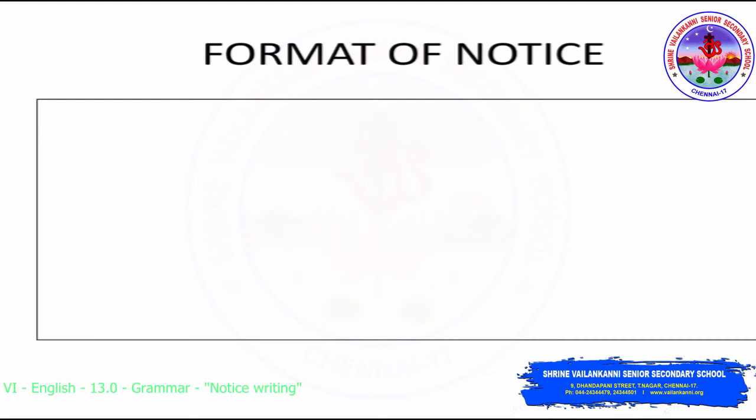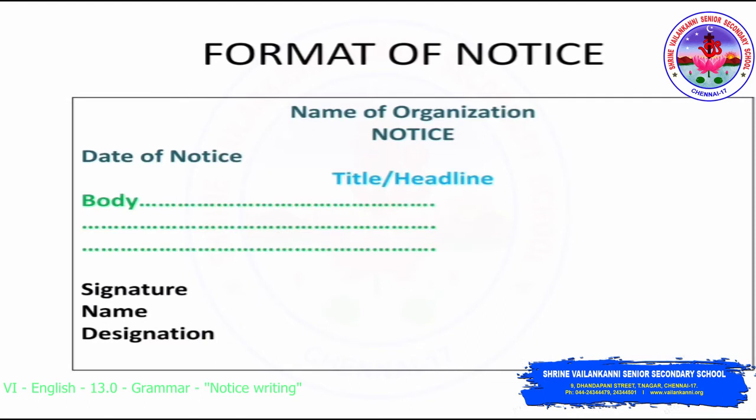Now let's see a recap of it. First, you need to draw a rectangular box, and then in the top middle, you have to write the name of the organization or an institute. Next, under it, you need to write the word notice in capital letters, and then on the left hand side, the date of the notice being issued.